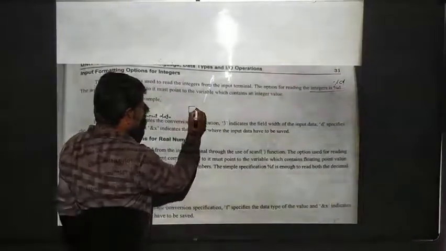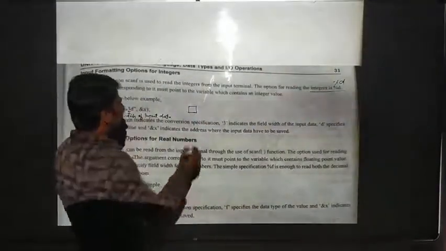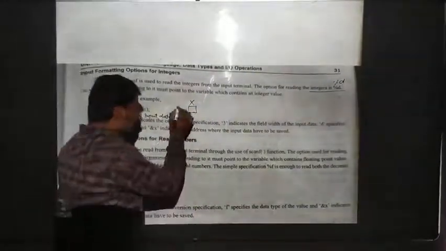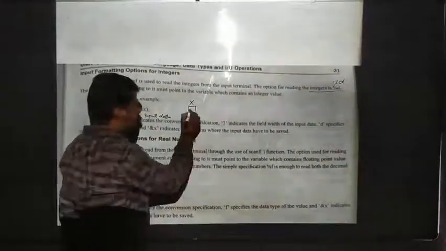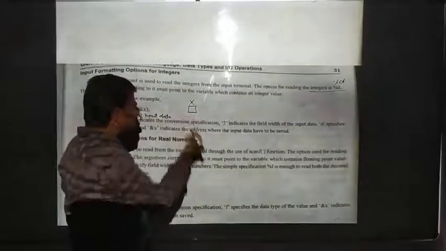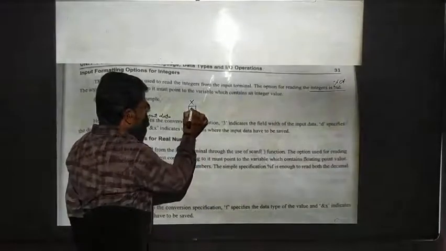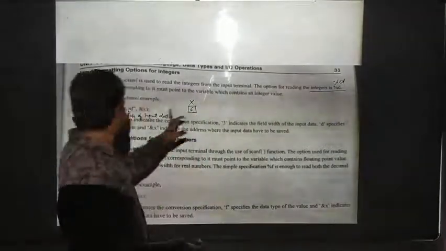Ampersand x means it stores the address of the x variable. Whatever value we give will be stored in it. We are giving %d, which means only numbers we can give. If I am giving 6 here, it will be stored here.